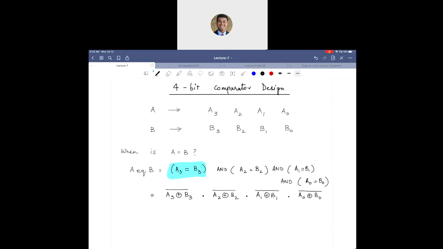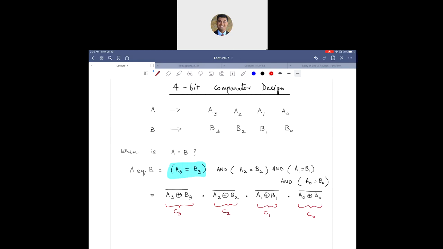Now, I don't want to write so many things so many times. So what I'll do is I'll just call these C3, C2, C1, C0. So what would this be?